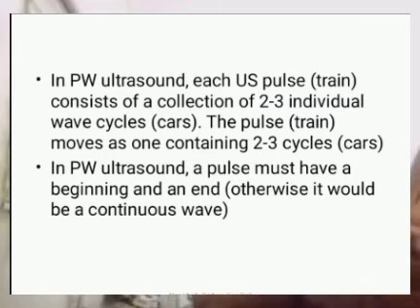So we have car 1, car 2, car 3 that will contain wave cycle 1, wave cycle 2, wave cycle 3, all in a train. That's one pulse with wave cycles in each of them.